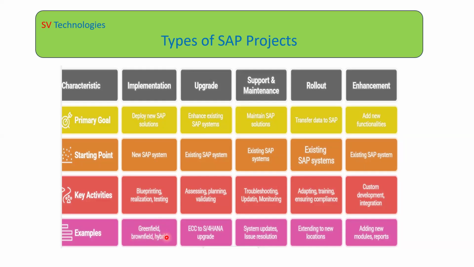Let us say one client has a large volume of business. For some of the locations they have implemented SAP, and for others they haven't implemented SAP. In such cases, this will be a combination of greenfield and brownfield. That depends on the client requirement.